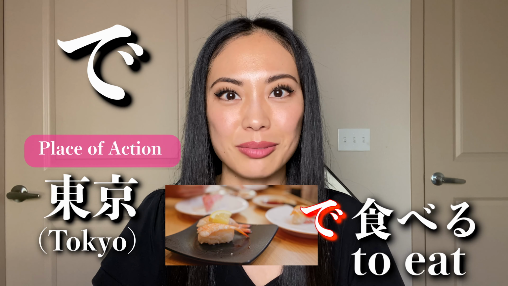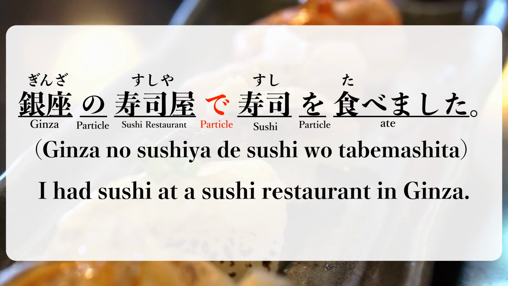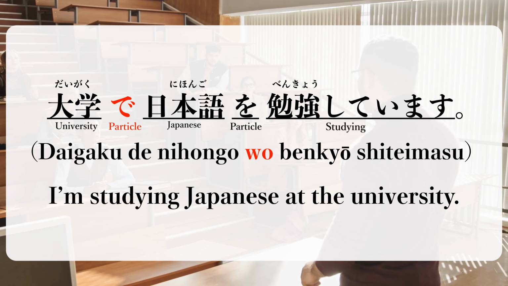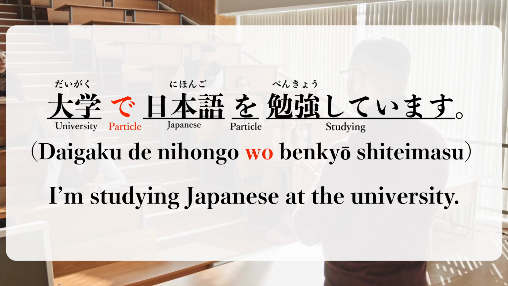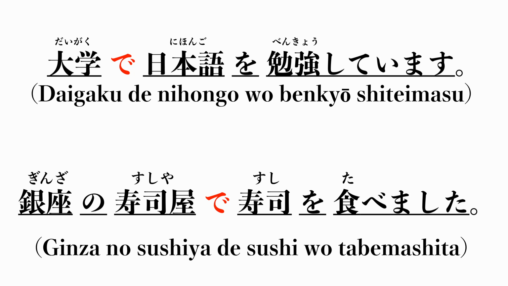For example, 銀座の寿司屋で寿司を食べました。大学で日本語を勉強しています。In both sentences, de is used to show where something happens. Look at the words that come before de.